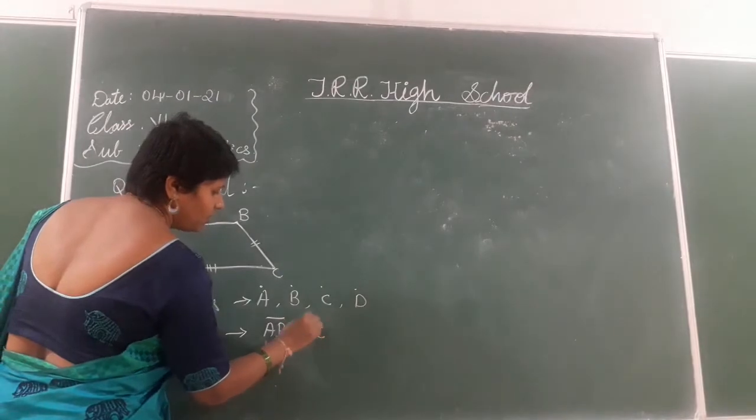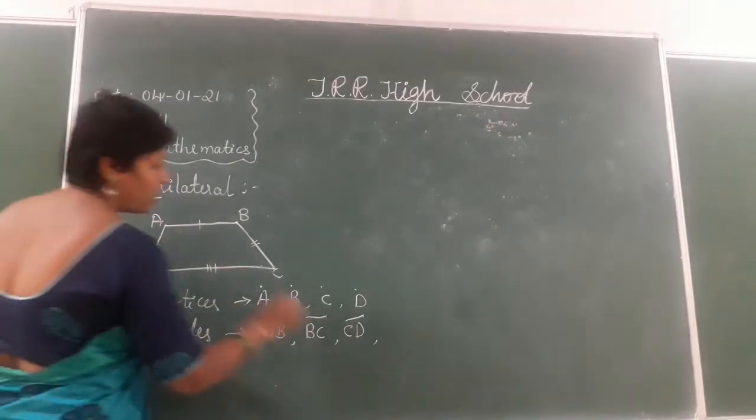So whenever you are writing a side, on the top of it you have to mention the line segment symbol. Most students make a mistake when asked to write the line: they simply write A, which is wrong, as it is called a vertex point. So whenever you are writing a side, this is the way you have to write. Now AB is finished. Now BC. BC. Next CD.